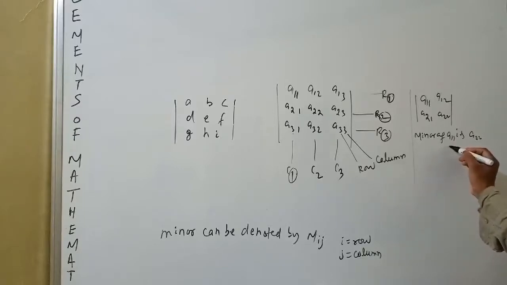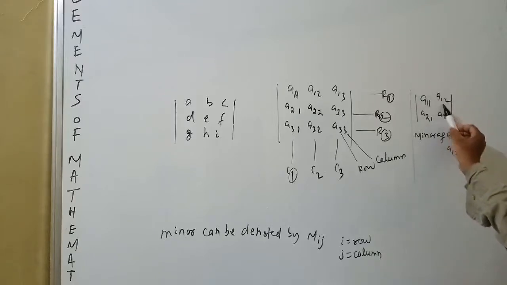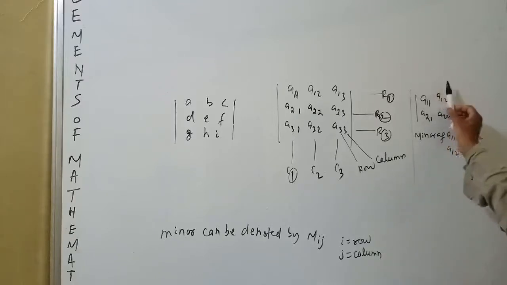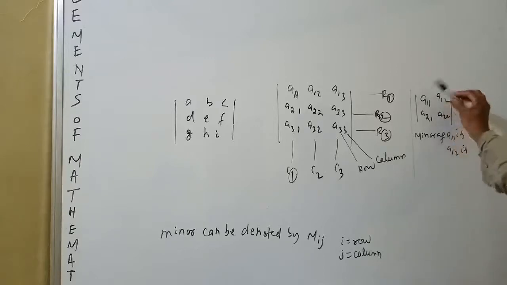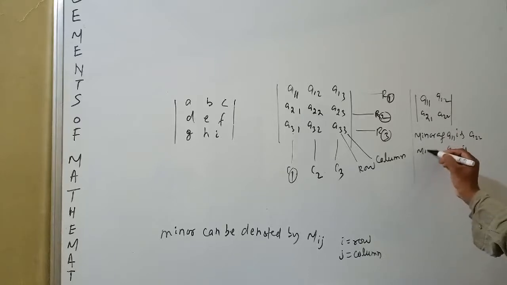Similarly, minor of A12, first row second column: A12 is linked with this row and this column, so we suppress both. The remaining element is A21. So the minor of A12 is A21.